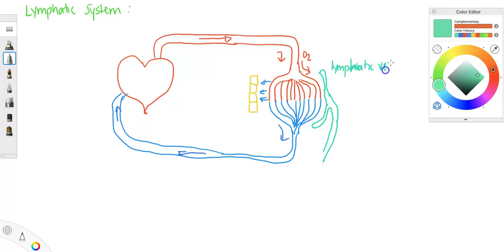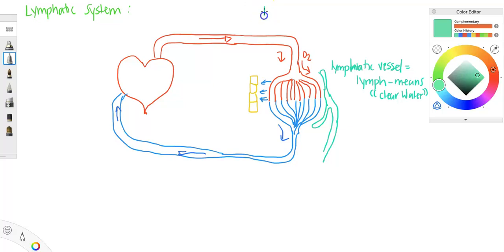Lymphatic, which is filled with lymph. Lymph means clear water.